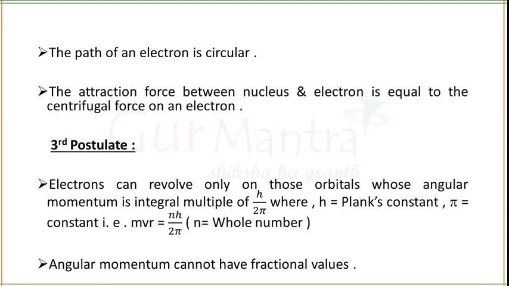Moving further to the next postulate, that is, electron can revolve only on those orbits whose angular momentum is an integral multiple of h by 2 pi, means angular momentum mvr should be equal to nh upon 2 pi, where mvr is angular momentum, n is the number of the orbit, h is Planck's constant, and 2 pi is also a constant in which the value of pi is 3.14.